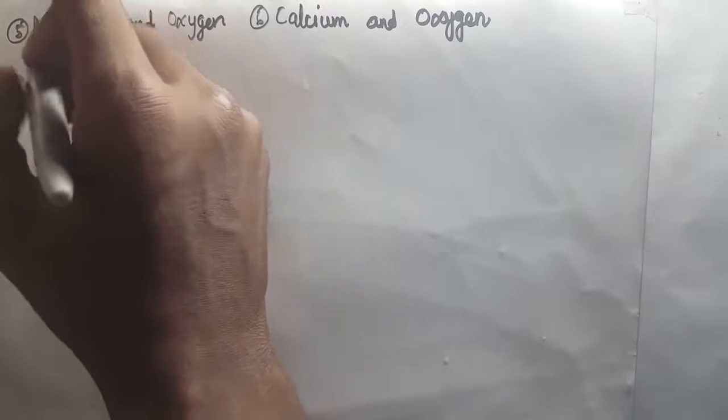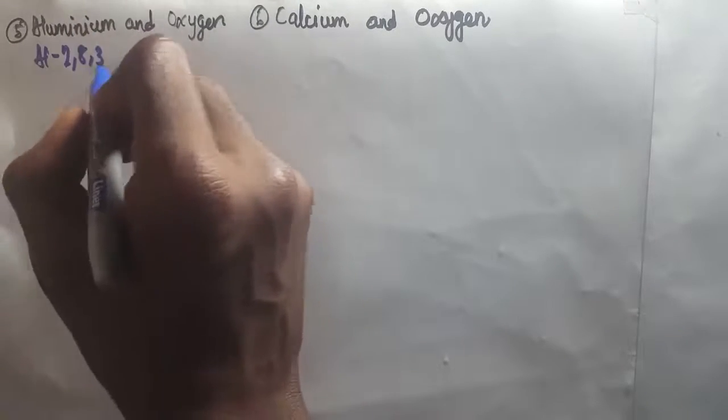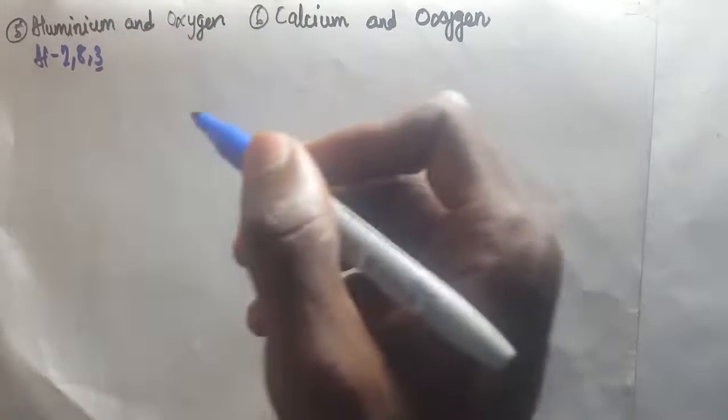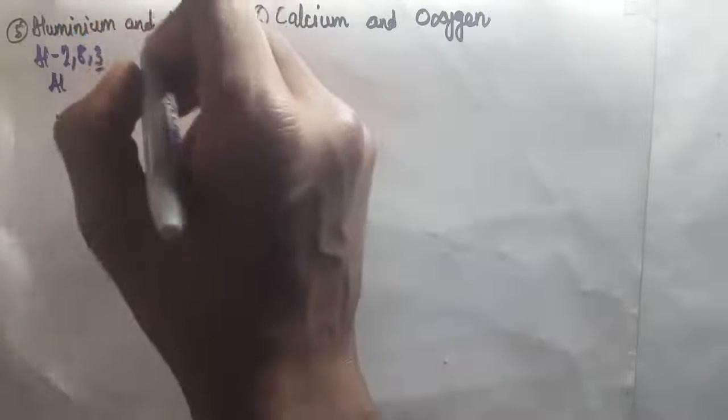So we have aluminium and oxygen here. Aluminium is the 13th element. Since it's the 13th element, you have 2, 8, then 3. Since it's 3, it's going to lose. Since it's going to lose, it's going to have a charge of +3. Therefore, the valency of aluminium is 3. Then oxygen.